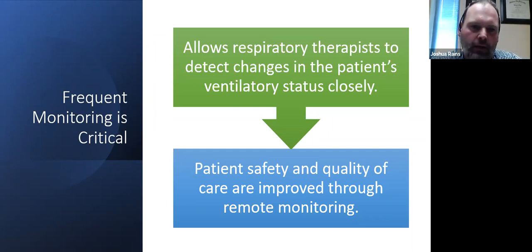So one of the things that I did with regard to frequent monitoring was, when I was in the RT department, I had a big TV put on the wall. It was like a 60-inch flat screen. I had IT connect a computer to it, and we could have the respiratory knowledge portal on a continuous loop in the RT department.